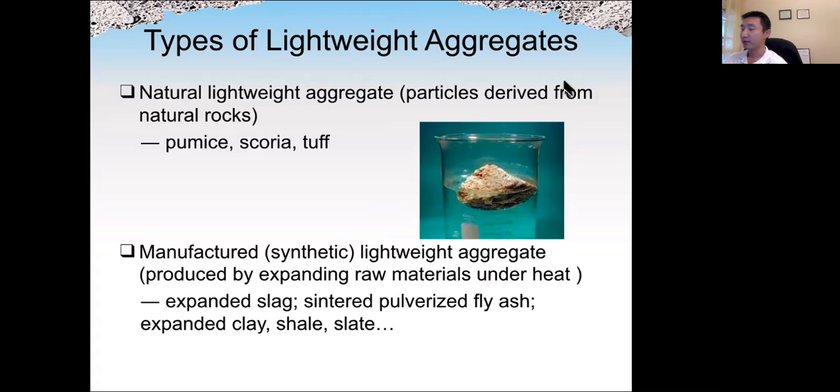They ground the pumice aggregate into powders and used these powders as pozzolanic materials to make the famous Pantheon. But more often, we use manufactured or synthetic lightweight aggregate, which is produced from expanded slag, sintered pulverized fly ash, or expanded clay.